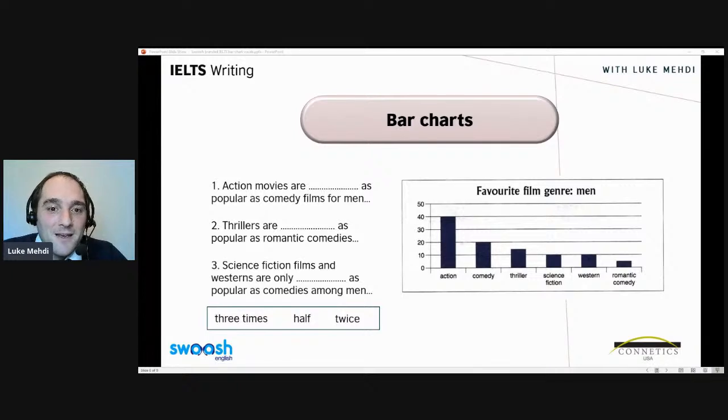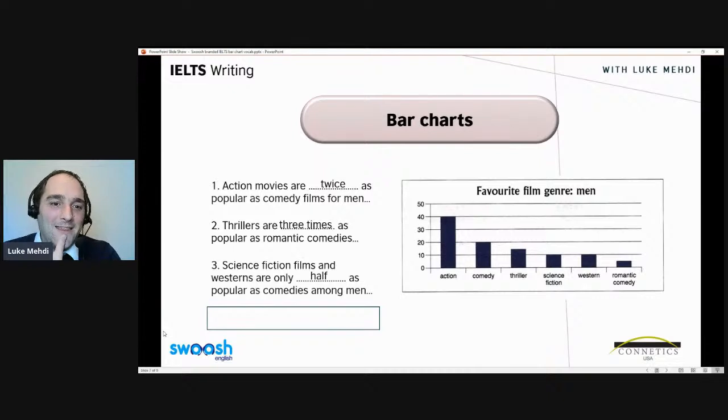And then number 3, science fiction films and westerns are only, must be. Good. Yeah, good, Ella. Good, Alice. Darren, well done. Yeah, okay, everybody's got that. Half as popular. Sorry, there was a little bit of a trick in there today. Make sure that you're looking at the data very, very carefully.